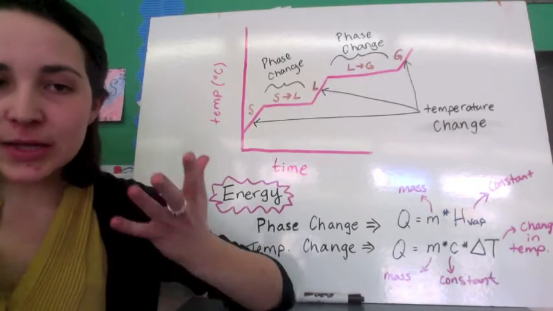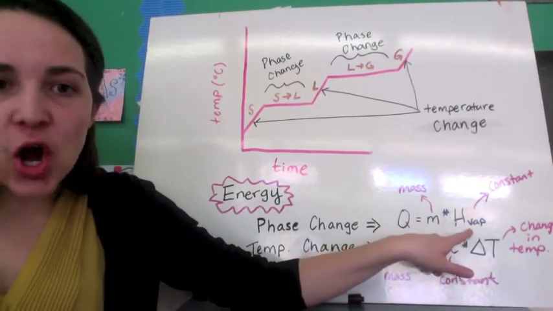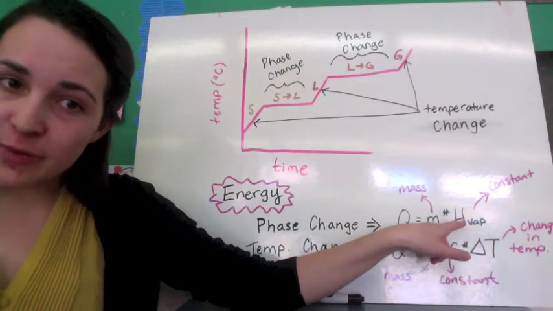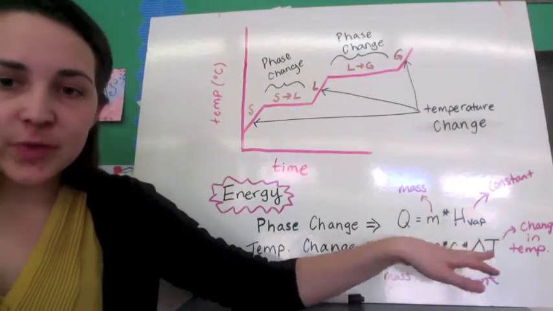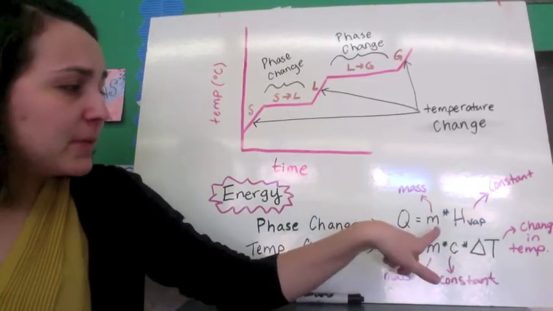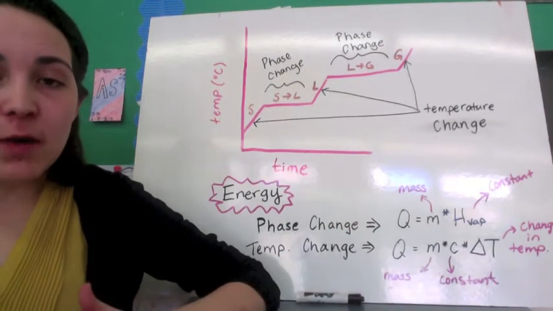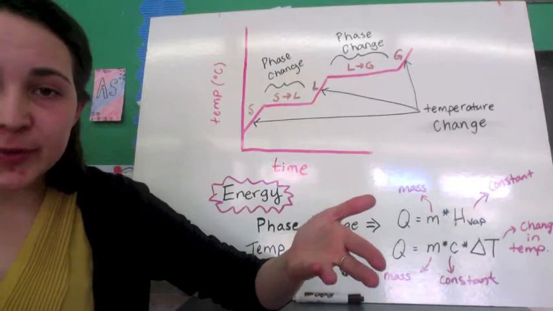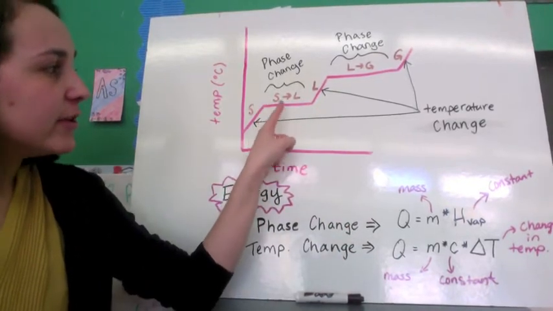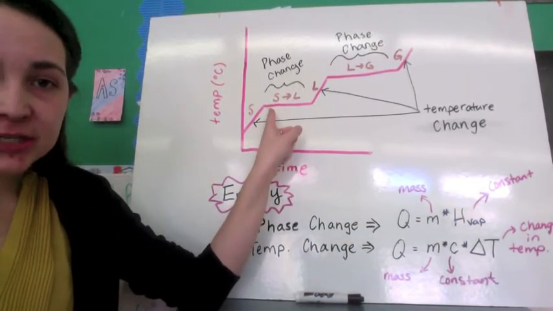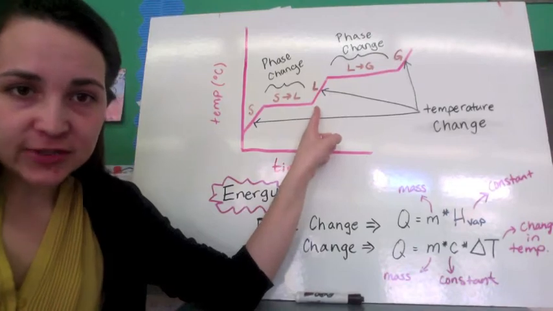All right? Now, luckily, these values are always constant. So in a given problem, they would be given to you. All you would have to do would be to plug in this mass value here. Now, that would be the heat that you have to put in to go from the start of a phase change to the end of a phase change.